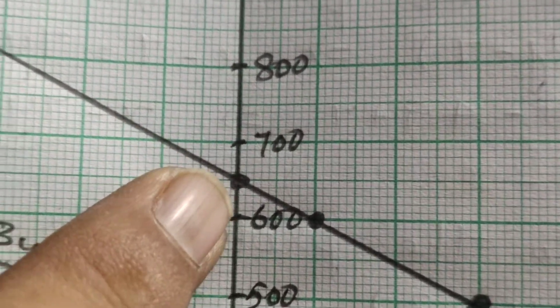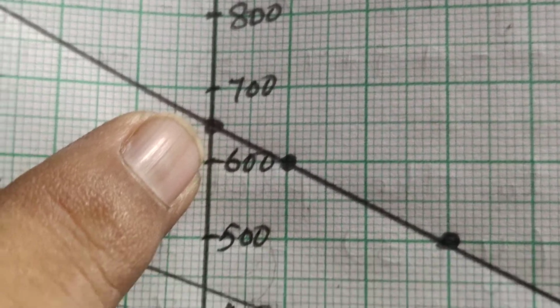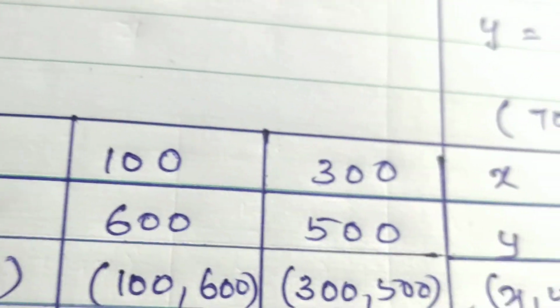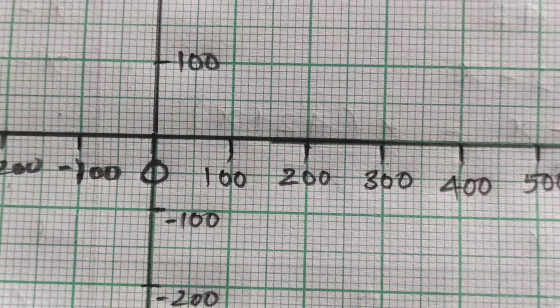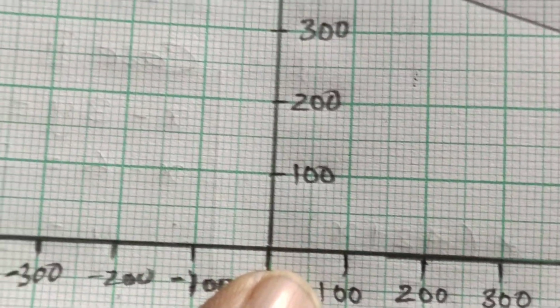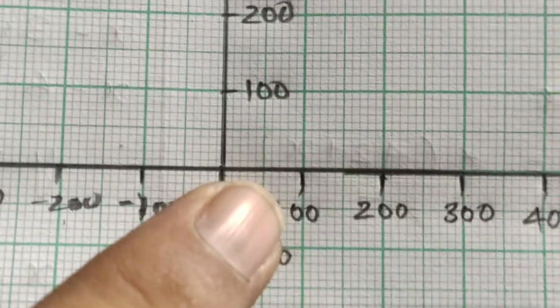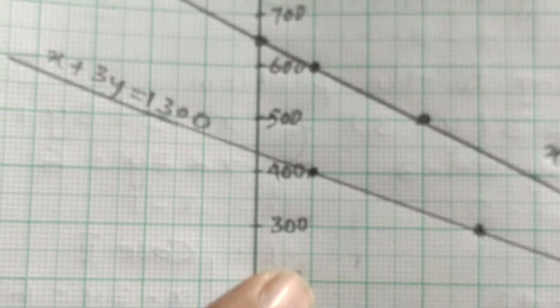So this is 650. Similarly, the next one is 100, 600. See here, it is the 100. Here it is 100, 600. In that line only you go straight.